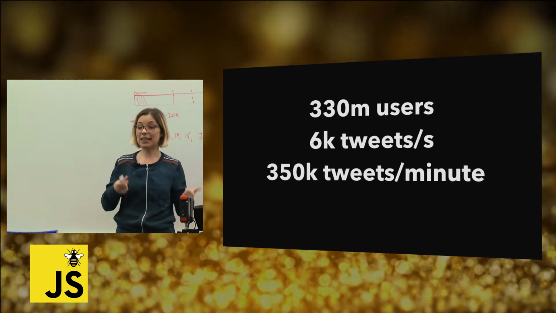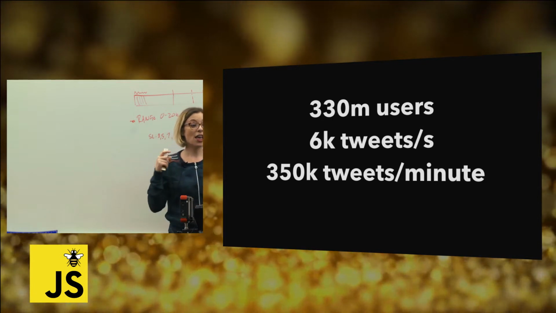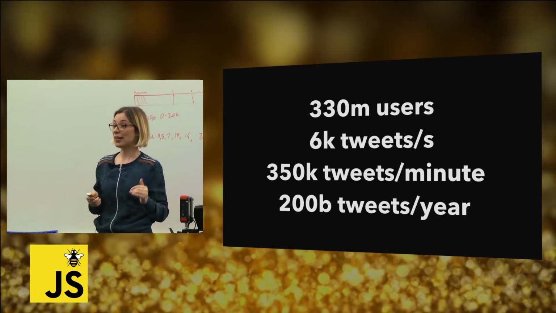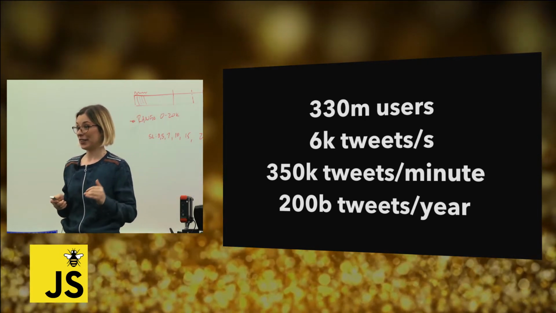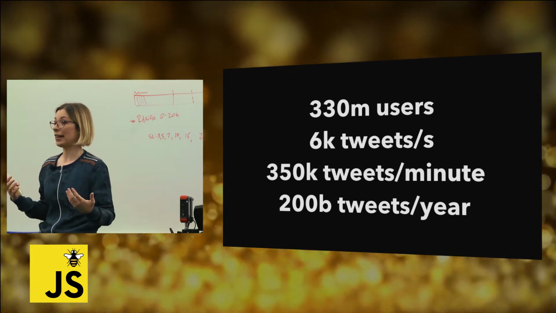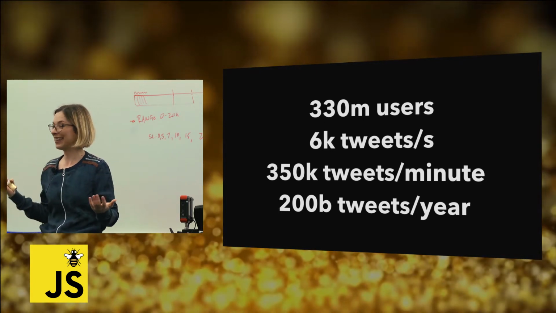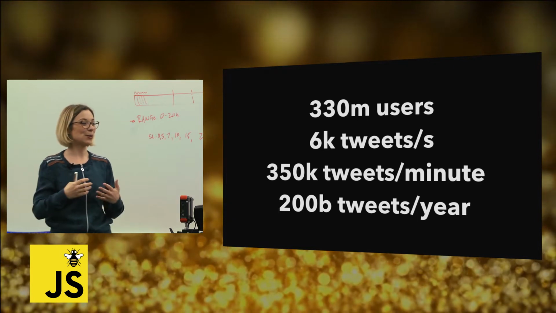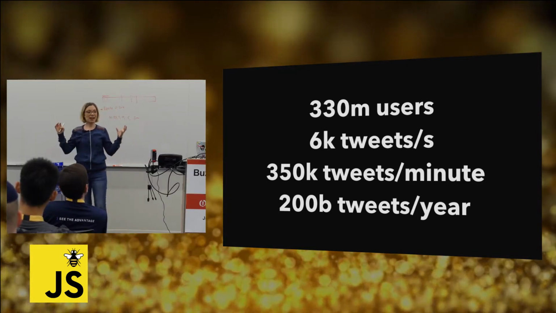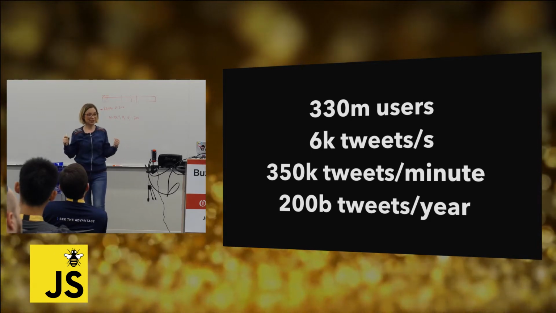And that means that every minute we have 350K tweets created. And in total, that's 200 billion tweets a year. And imagine if you have a power user like Lady Gaga sending out a tweet to all of her followers. That means a lot of work for Twitter.